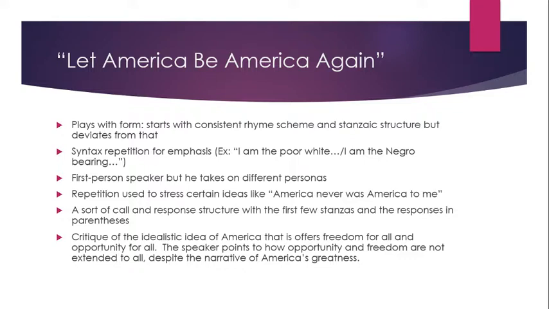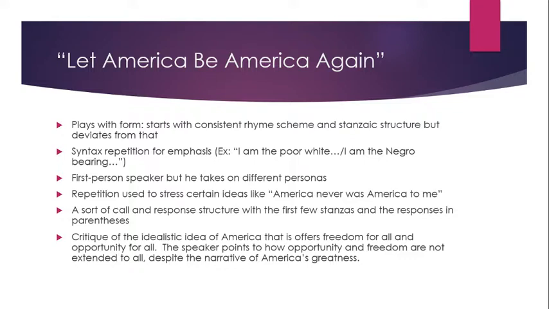So when we think about what he's trying to do here and the way that he structures things, this seems to be a critique of the sort of idealistic idea that America offers freedom for all and opportunity for all. The speaker is sort of pushing back against that narrative and pointing out that for him, the speaker, that opportunity and that freedom are not extended.